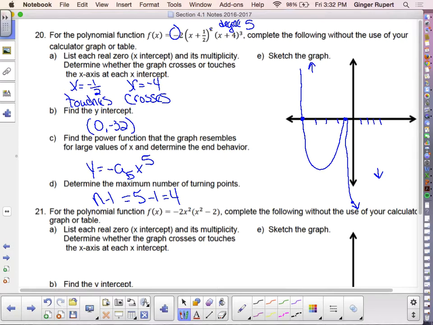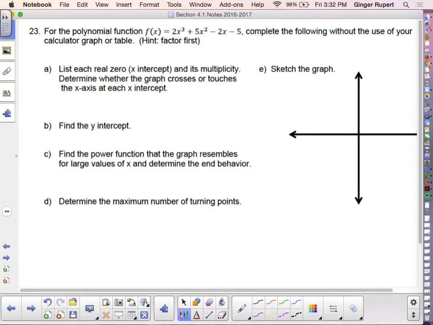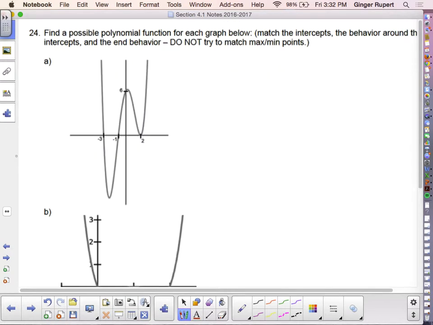Okay, let's take a look now at question 24a so that you can understand how to do 24b and c. First thing you want to do is identify your x-intercepts. So I have x is equal to negative 3, x is equal to negative 1, and x is equal to 2. And I'm asked to write a polynomial function given this information.